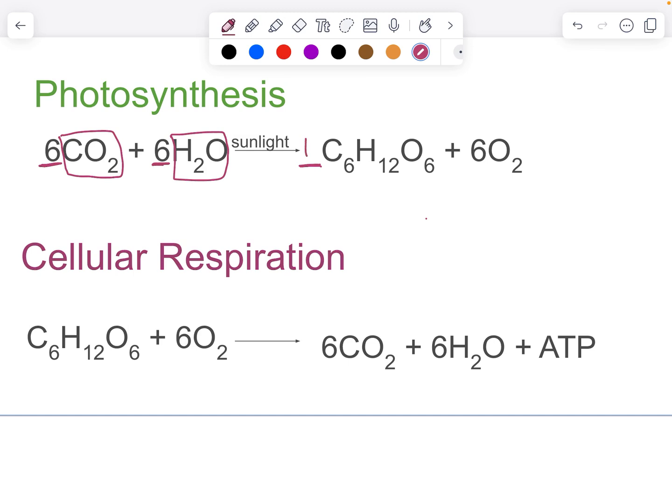We don't need to write 1, but what I want you to understand is that there's 1 molecule of glucose, C6H12O6, and that there are 6 molecules of O2 or oxygen.